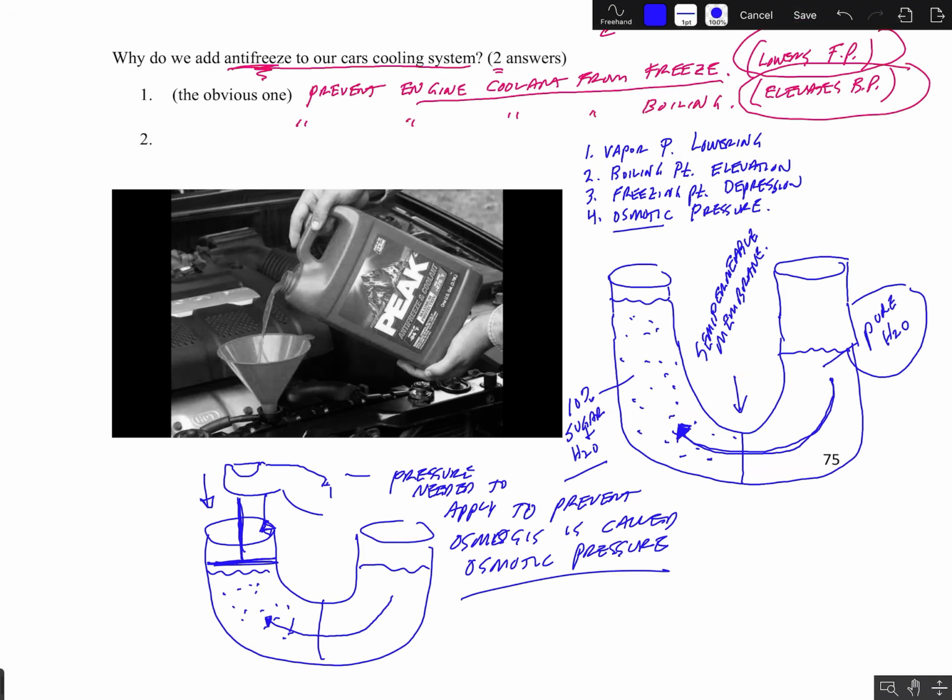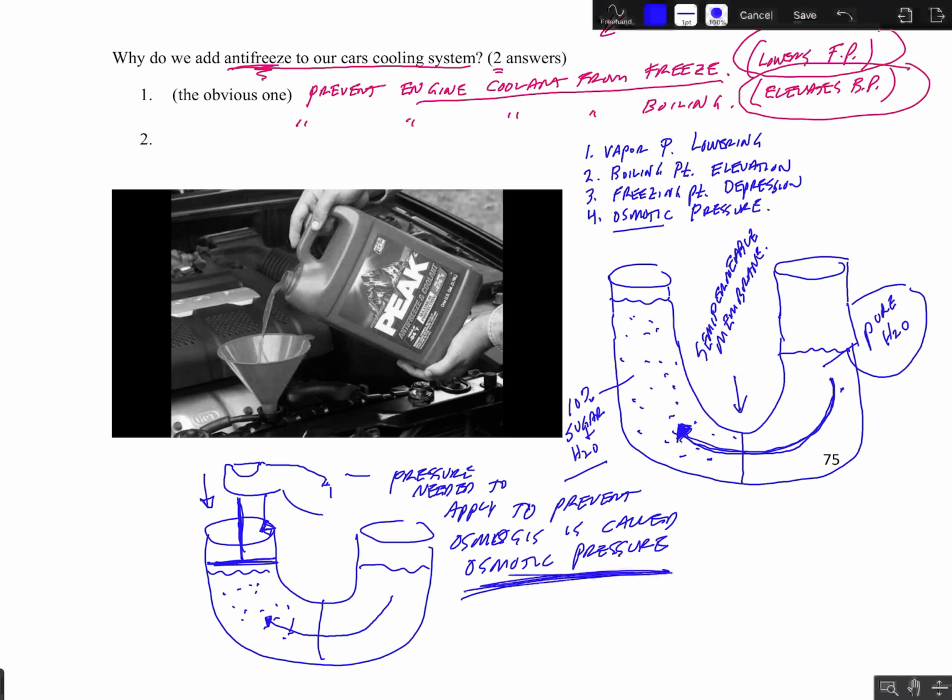So the pressure we need to apply with our finger or whatever, we're pushing down really, really hard. We're trying to get that water to stop flowing from high water concentration to low concentration. The pressure we need to apply is called osmotic pressure.